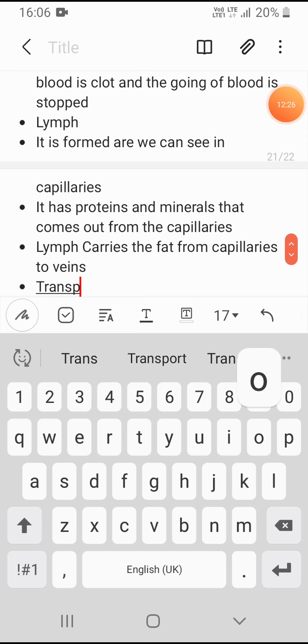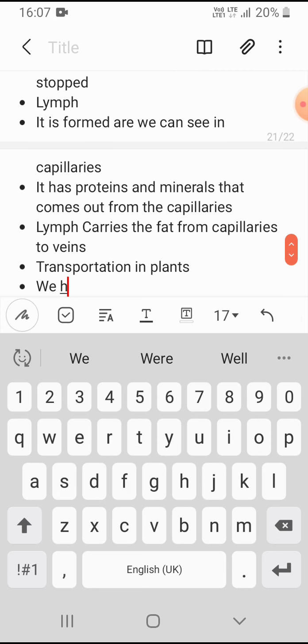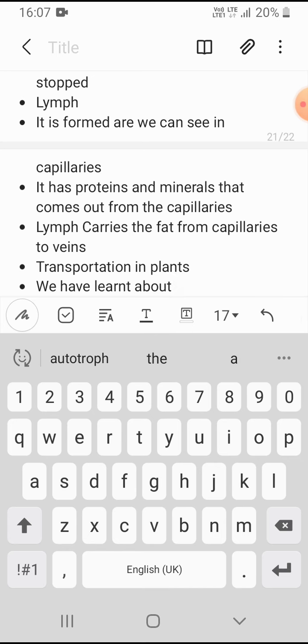Transportation in plants. Next, after transportation in humans, we will learn transportation in plants. As you all know, we have learnt till now about how CO2 is used in plants.